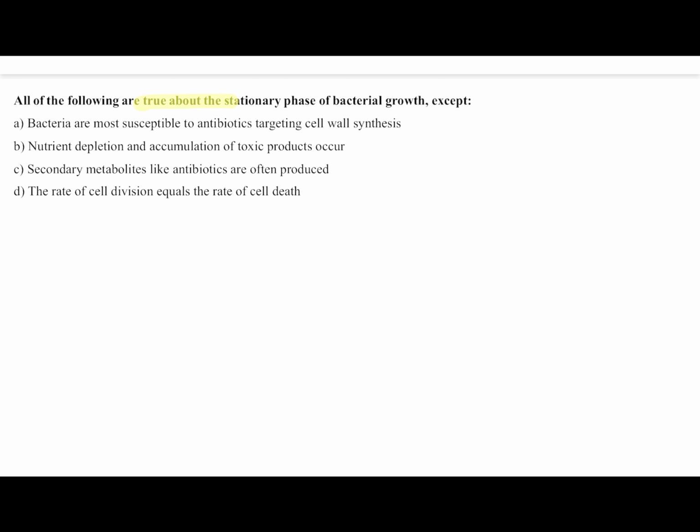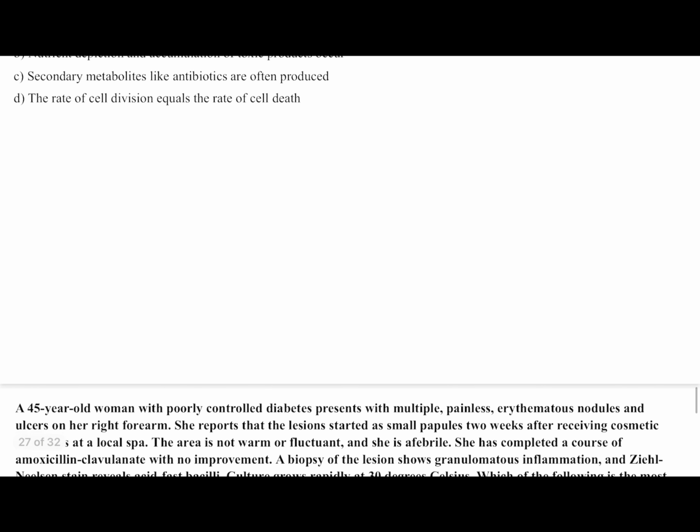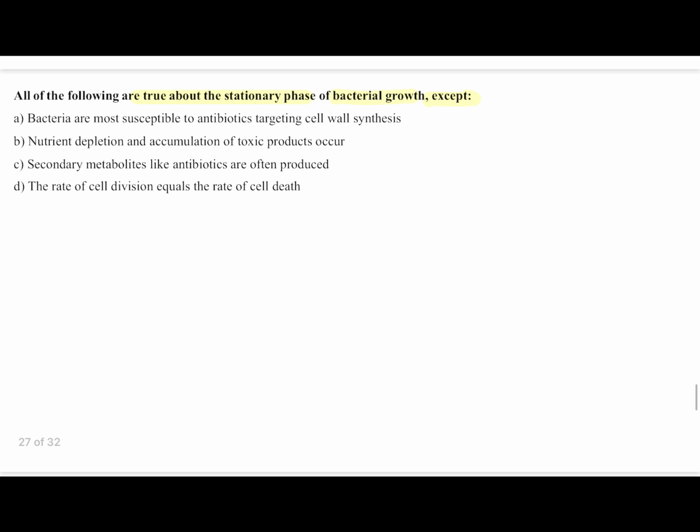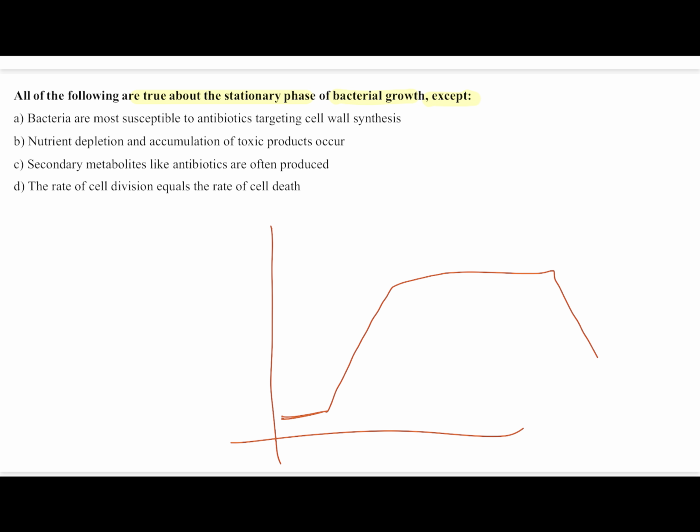Next is, which of the following is true about the stationary phase of bacterial growth, except. If you know the bacterial growth curve, this is the lag phase, this is the log phase, the stationary phase, and then the decline phase. So what are the characteristics of the lag phase?